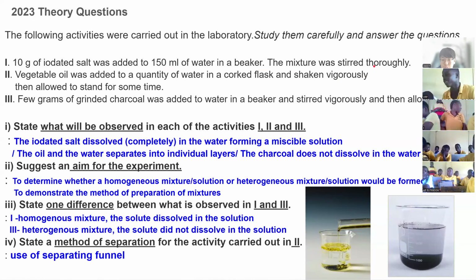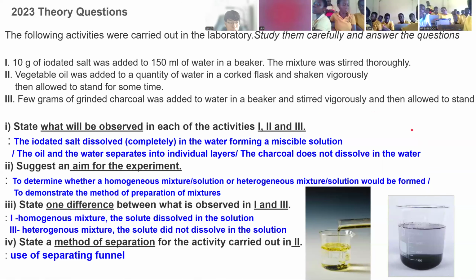The mixture was stirred thoroughly. Vegetable oil was added to the quantity of water in a corked flask and shaken vigorously. A few grams of ground charcoal was added to water in a beaker and stirred vigorously and then allowed to stand.